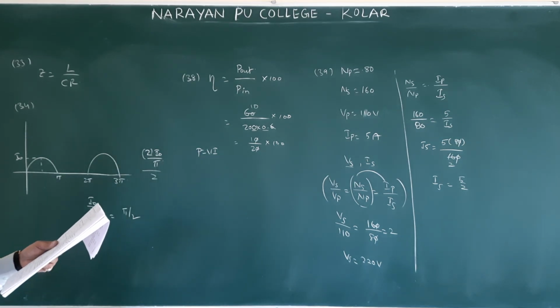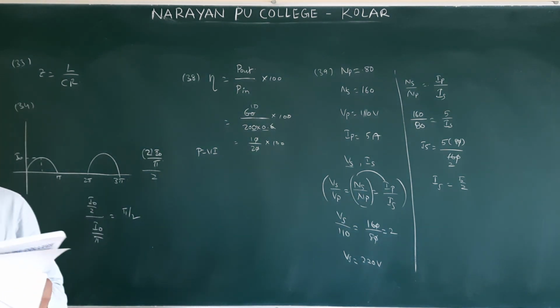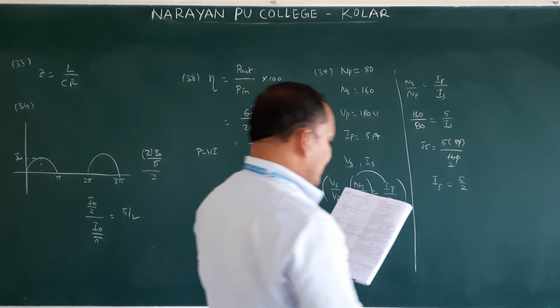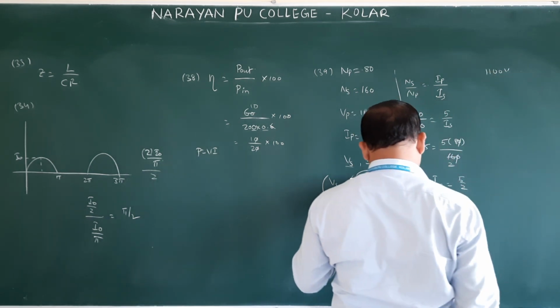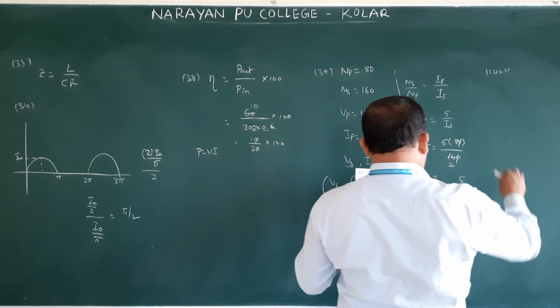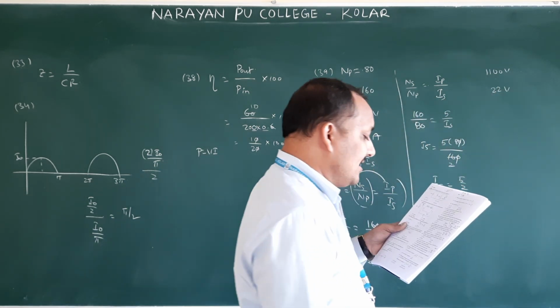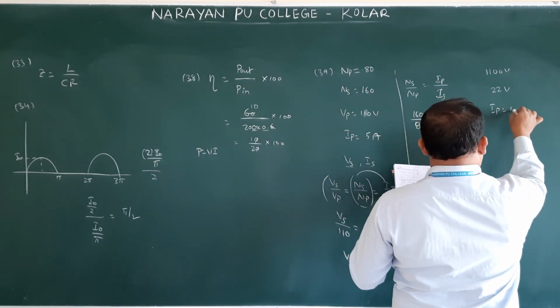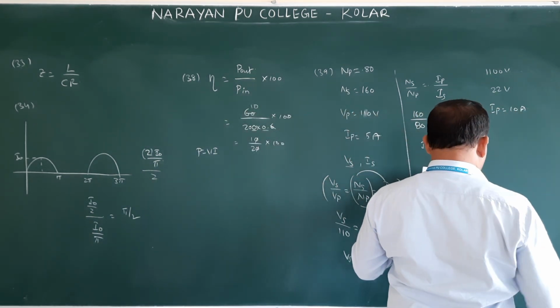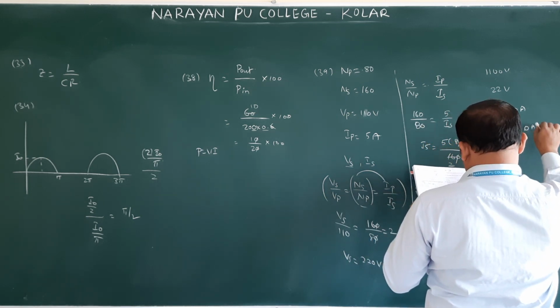A transformer is employed to reduce 1100 volts to 22 volts. The primary draws a current Ip of 10 amperes and secondary Is of 100.